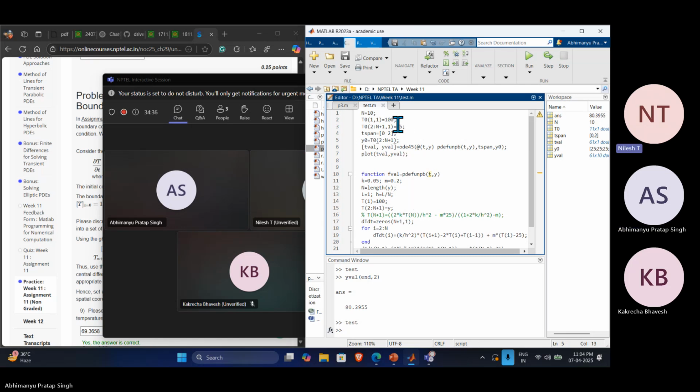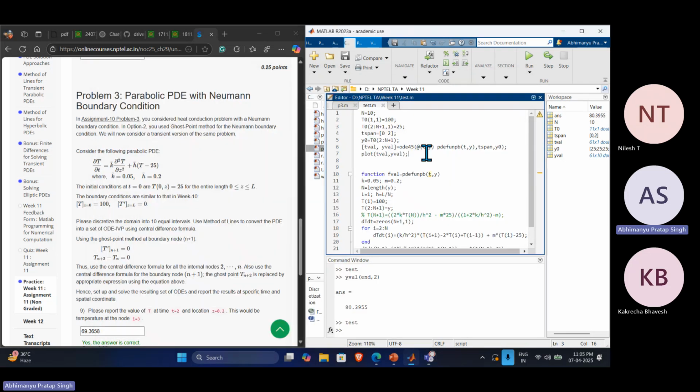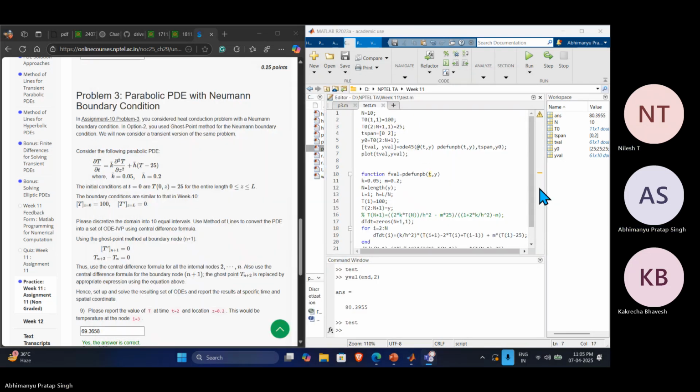See, t0 to 2 and t span 0 to 2. Span 0 to 2 is equal to 10, is correct.